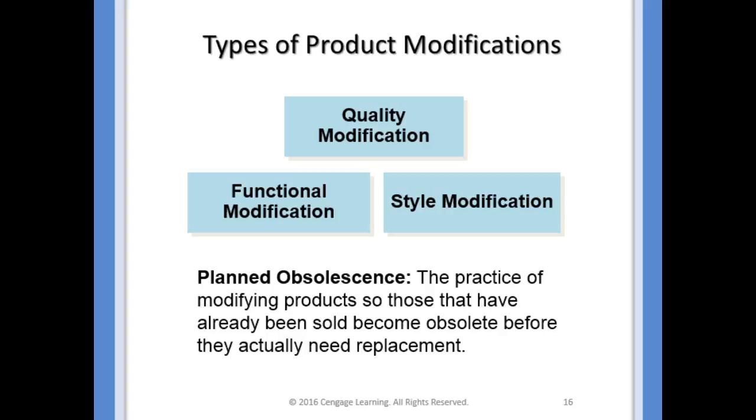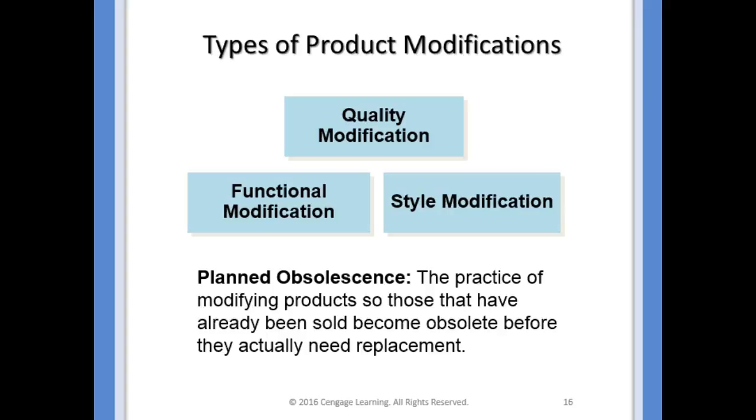Functional, try not to use the word quality there also, okay? Quality modification, changing a product's durability or dependability. Functional modification is a change in the product's versatility, safety, convenience, effectiveness. Style modification are the aesthetics.